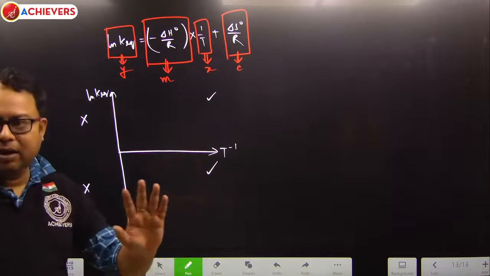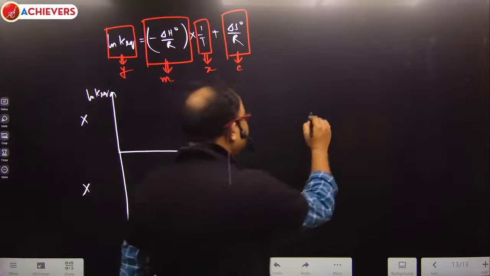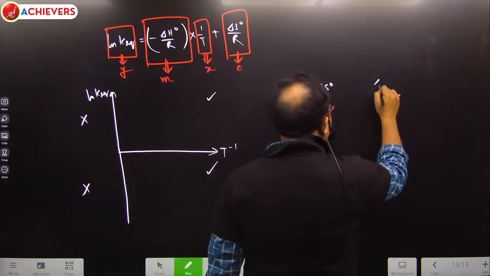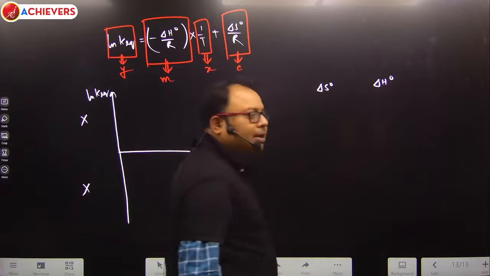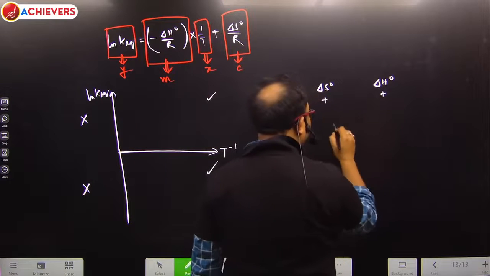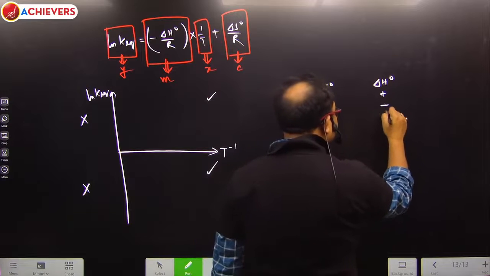Now, there are 6 options. With delta H0, delta S0 both positive. Delta S0 negative, delta H0 positive.